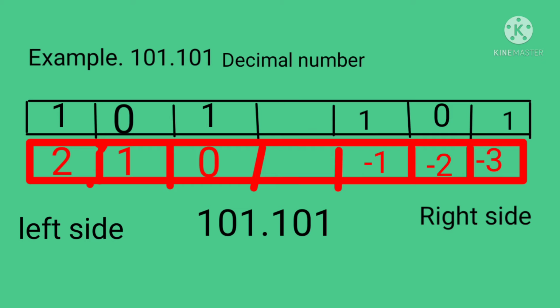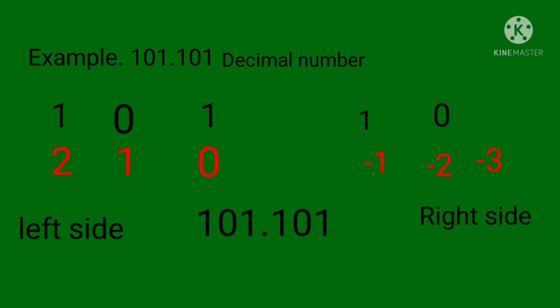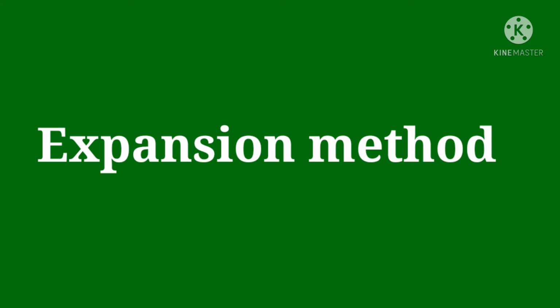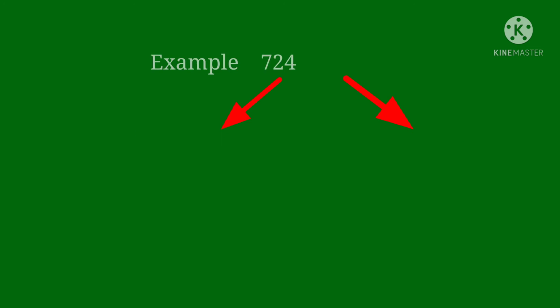And the value of the number is determined by multiplying the digits with the weight of their positions and adding the results. This method is called the expansion method.